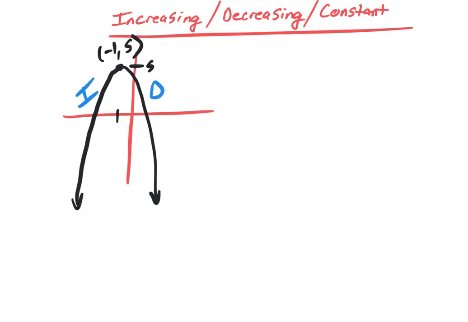But then it's going to ask us, like, what interval is it increasing or decreasing? Okay? So over here, it's going to go all the way to negative infinity, right? And so on this one, we would say that this graph is increasing from negative infinity all the way to -1. Okay, and we're dealing with x values here.